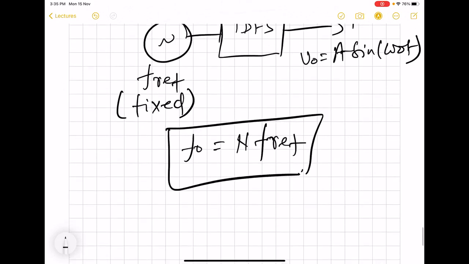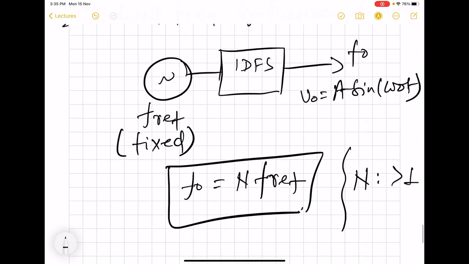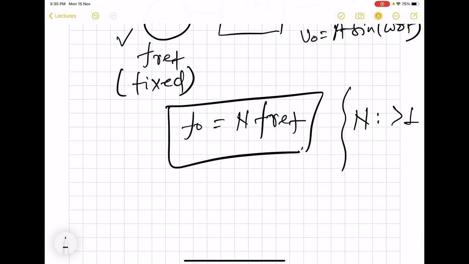And very often N will be greater than 1. So here we can use a small frequency reference source and produce a significantly larger frequency output.